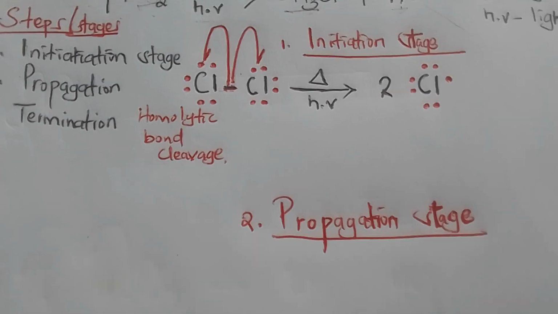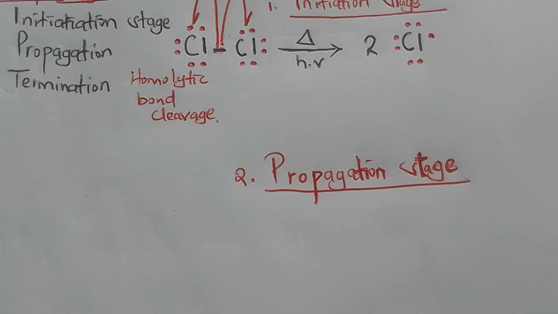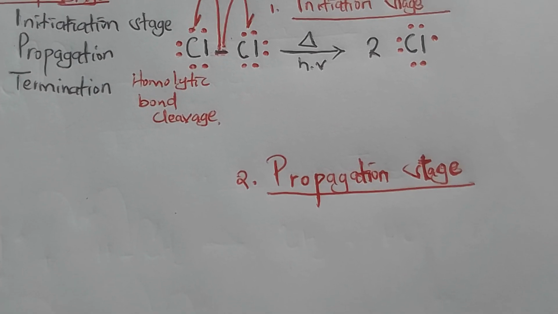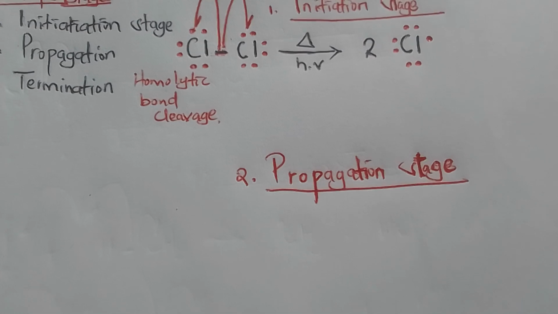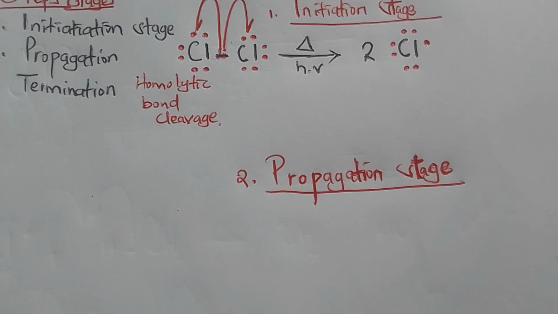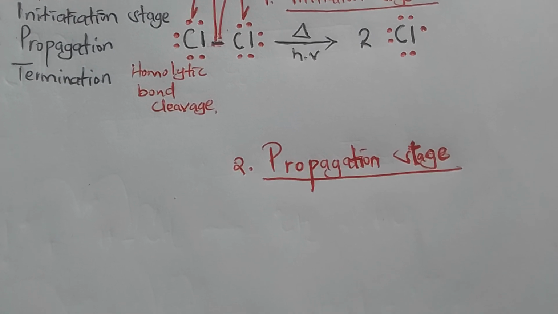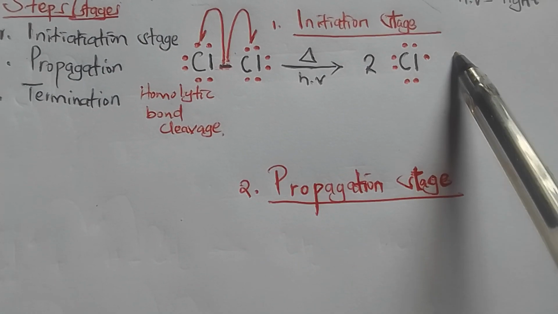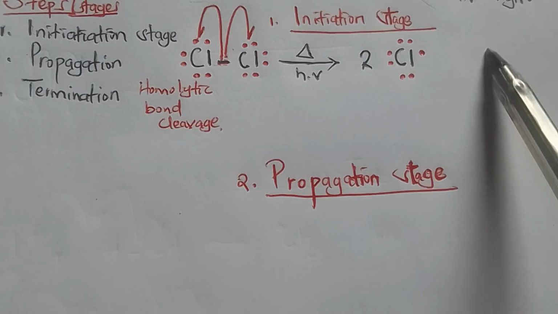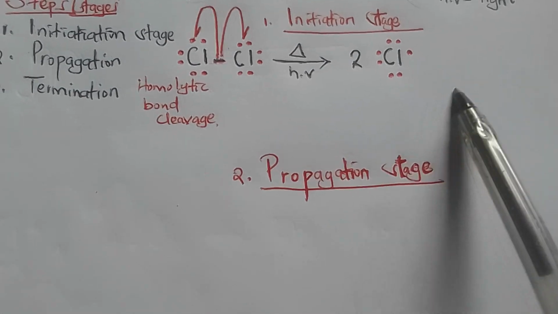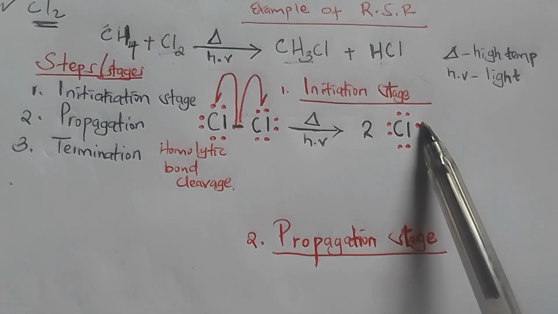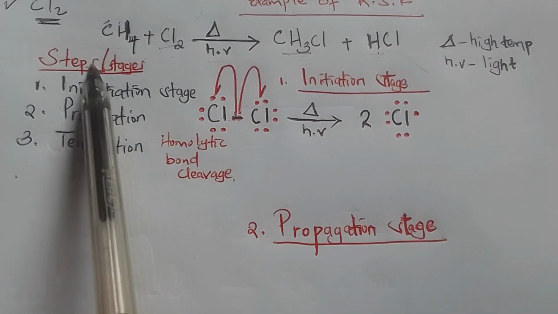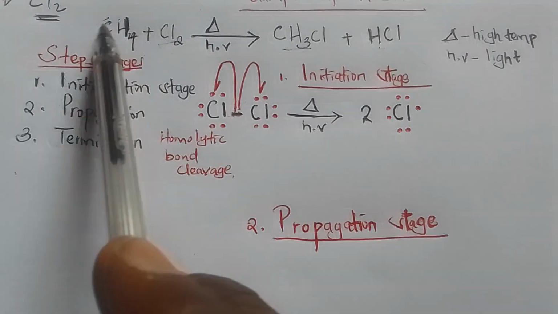Anyway, at the propagation stage, what we have is the chlorine radical attacking the methane.